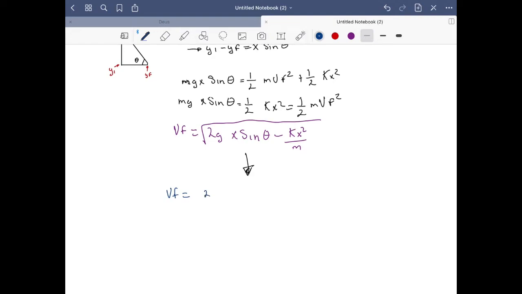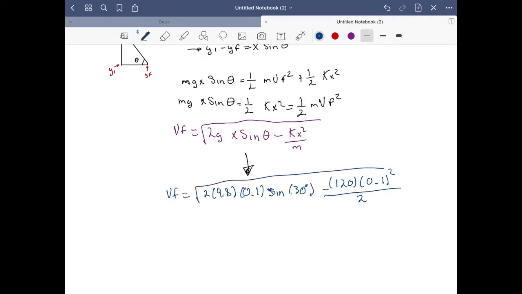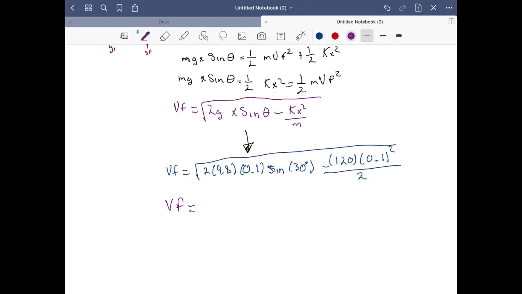And to isolate, we take the square root of both sides, and to end the first part, or part A, we have to replace all the terms by their values, and we have that the final speed of the box is equal to 0.6164 meters per second.